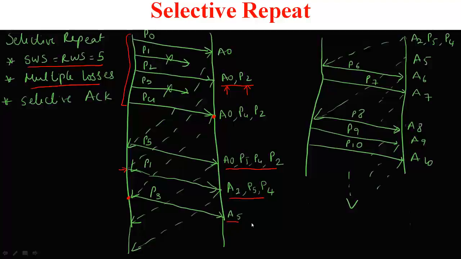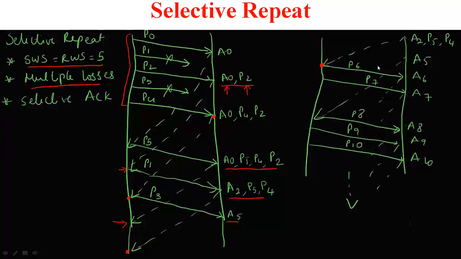I'll let you figure this out. When this ACK reaches the sender here, there are already 5 outstanding packets, P1, 2, 3, 4, 5, so the sender cannot send any more packets. Now when this ACK comes, the same thing, A2, P5, P4 has come.